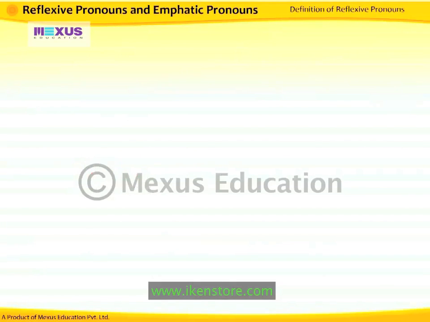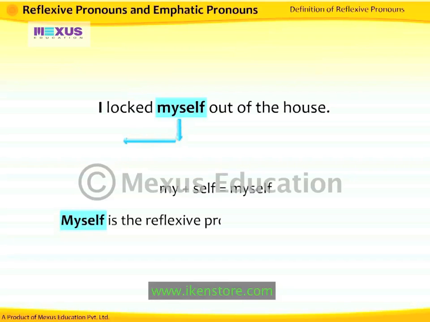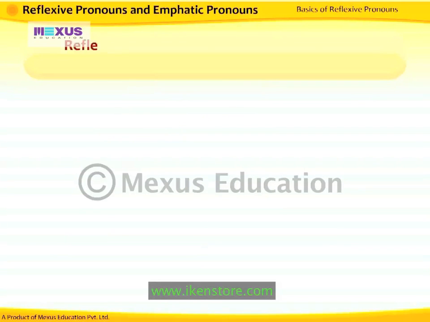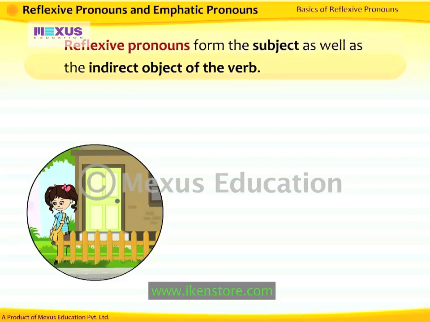Consider this example. I locked myself out of the house. In this sentence, myself is the reflexive pronoun for the subject I. Reflexive pronouns form the subject as well as the indirect object of the verb. Let's take a closer look at this sentence to understand reflexive pronouns.